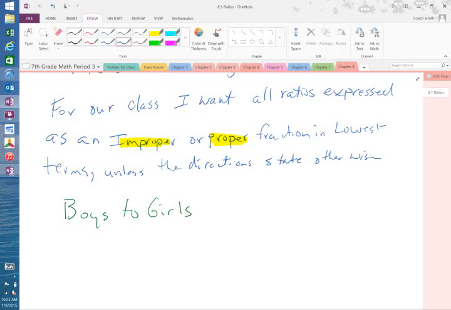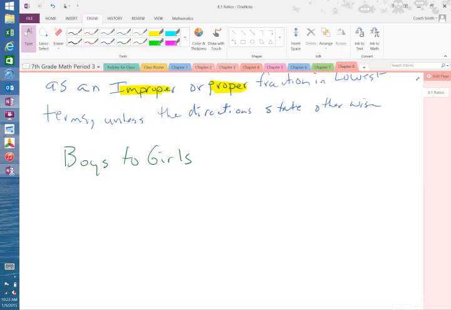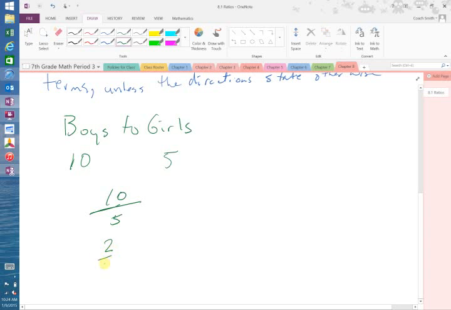Yeah, point at yourself. Okay, so we have 5 girls. And how many guys? 1, 2, 3, 4, 5, 6, 7, 8, 9, 10. So there's 10 boys. So boys to girls would be expressed as a fraction, 10 over 5, and then we reduce that to 2 over 1.